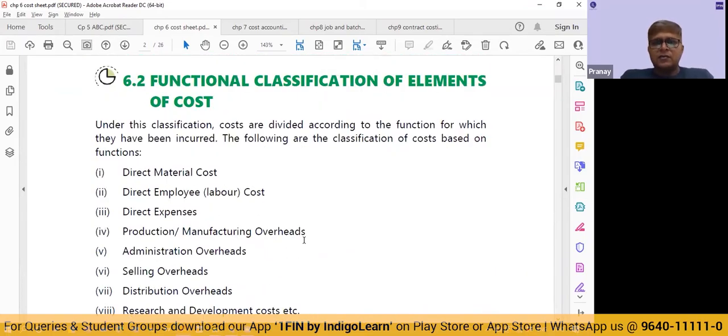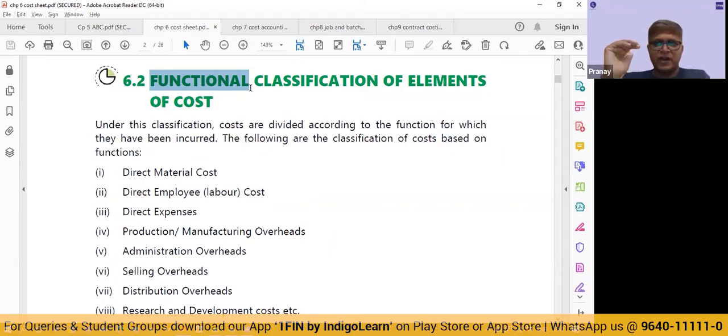All right. Now, see, when we are preparing a cost sheet, you have to keep two things in mind. When students ask me what is the logical way to look at it, you keep in mind two things. We have to do the classification based on function. So cost sheet is always prepared based on the functional classification.